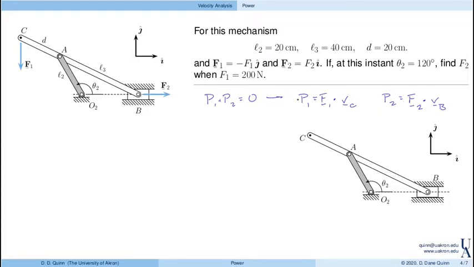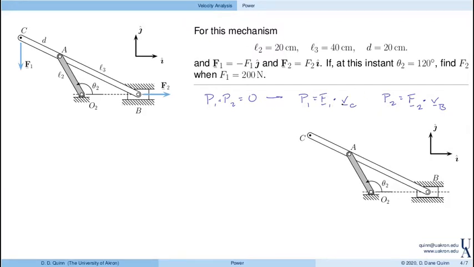You cannot calculate the power properly unless you account for the magnitude and direction of both the force and the velocities. So we have to go through and look at these things in terms of vector quantities, as we've been doing throughout this entire class.